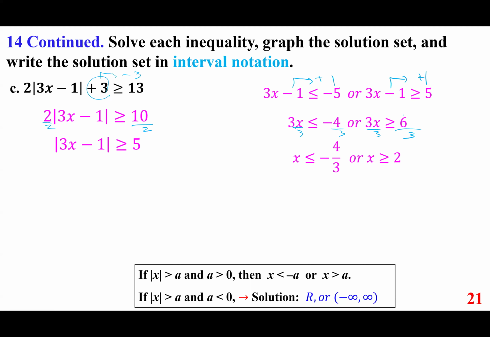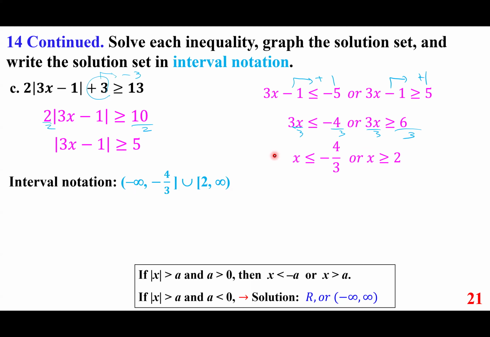Now, in an interval notation format, this means x is from negative infinity to negative 4/3. This means x is from 2 to infinity, endpoints included, brackets. And because of the OR statement, we go with the union of events. Minus infinity to minus 4/3 bracket, union, bracket 2 to infinity. By the way, negative and positive infinity are both concepts, not numbers.